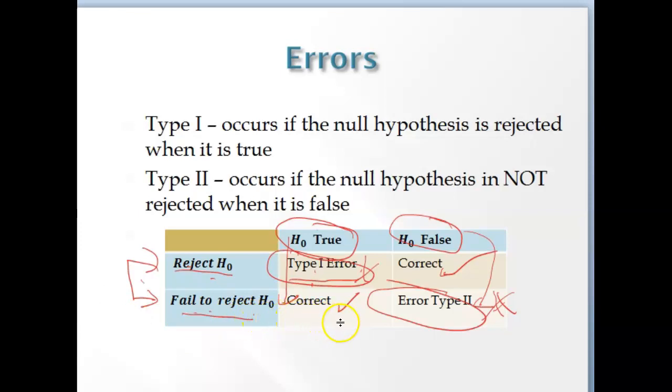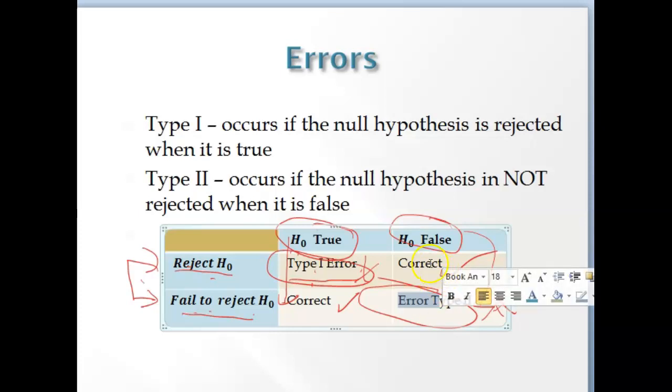The contamination was greater than 0.2 and we failed to reject the null hypothesis. Well, that is a type 2 error. We should have rejected the null hypothesis because the null hypothesis was false. The null hypothesis stated that the contamination was less than 0.2.